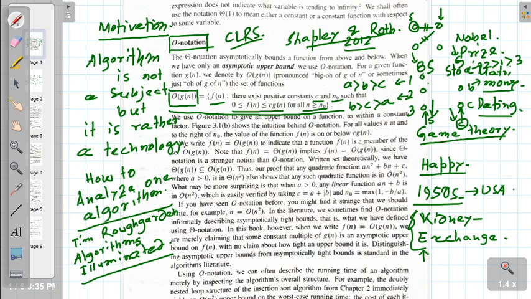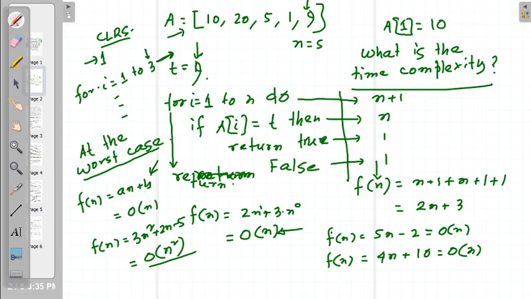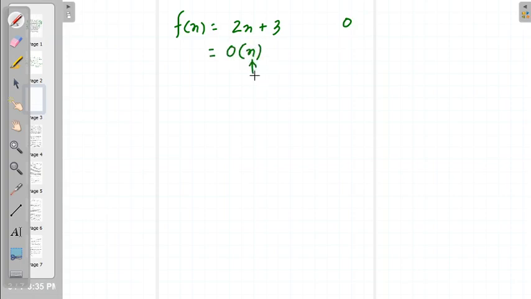So for this I have to create another page after this, and then you see how this thing comes up, okay? So f(n) equal to 2n plus 3, that we have got, right? And what we are telling is this is equal to order of n, right? So this is our order of g(n).